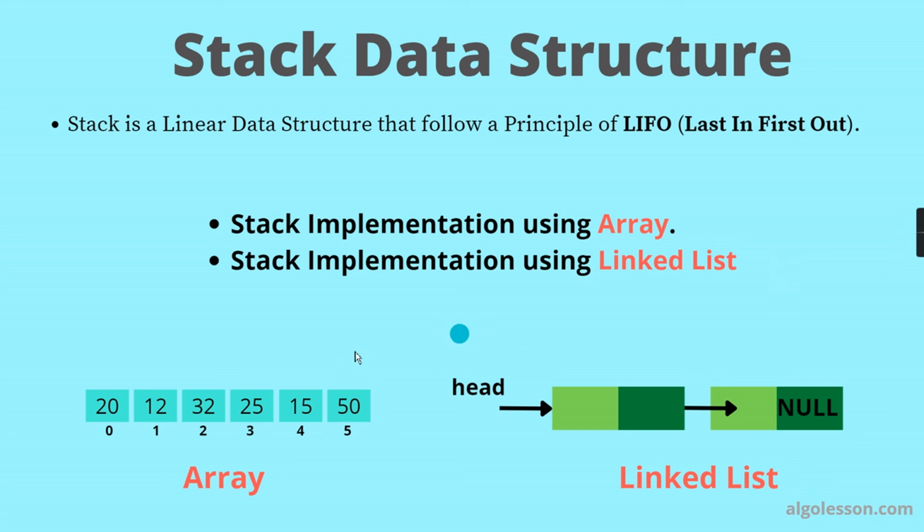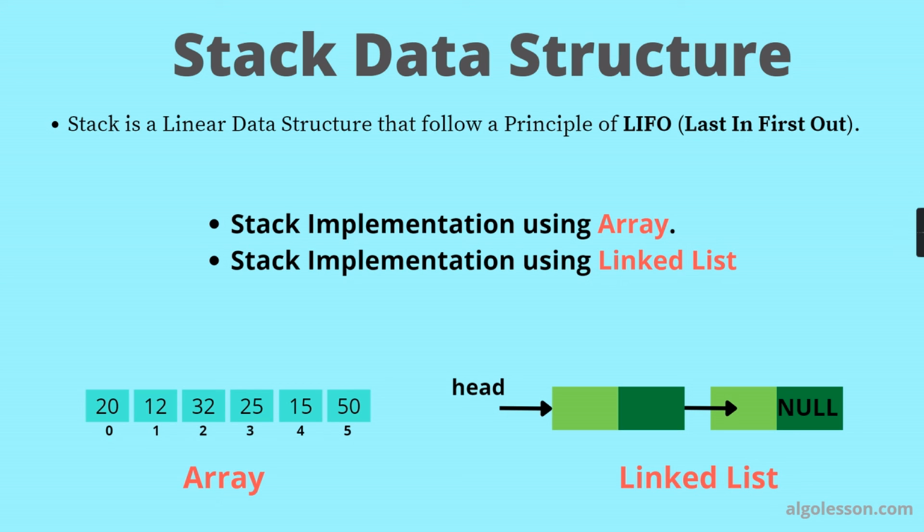By using an array, you can create one array and store the elements in the array, and you can keep a mark of which element is present at the top of the stack. Similarly, you can use a linked list and keep track of which element is present at the top of the stack.